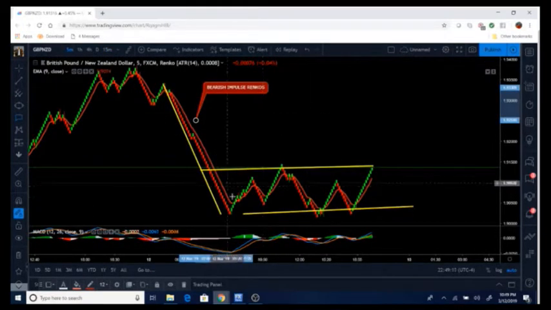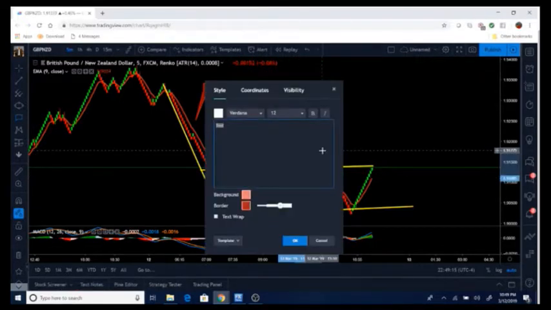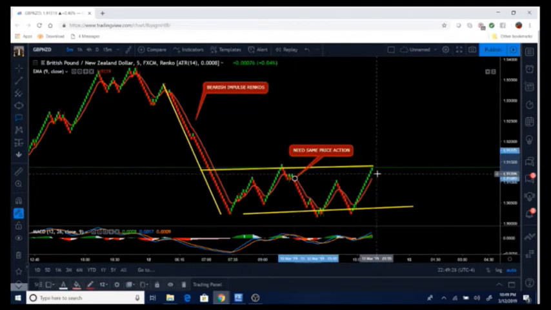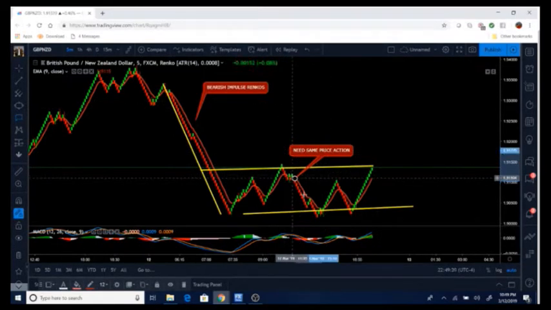So now all I need to do is wait for this. I need this price action to happen over here. So whatever happened here, I need that.